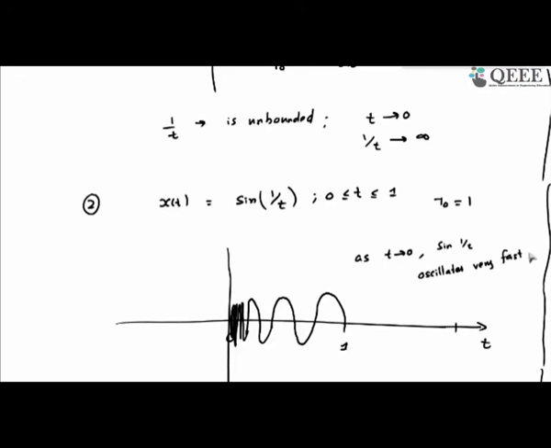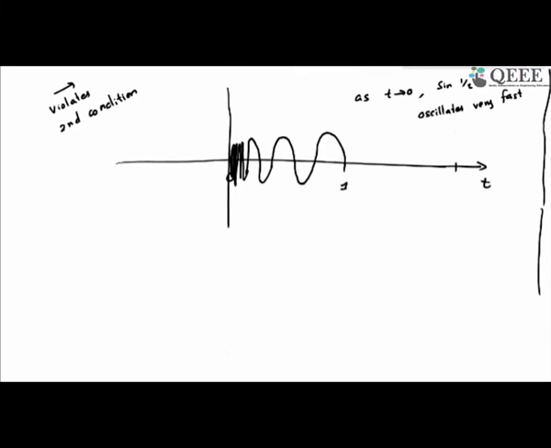So it goes up and down a lot when you are approaching t equal to 0. It means it has a lot of maxima and minima. So it violates the second Dirichlet condition, and you can't find the Fourier series representation for x of t.